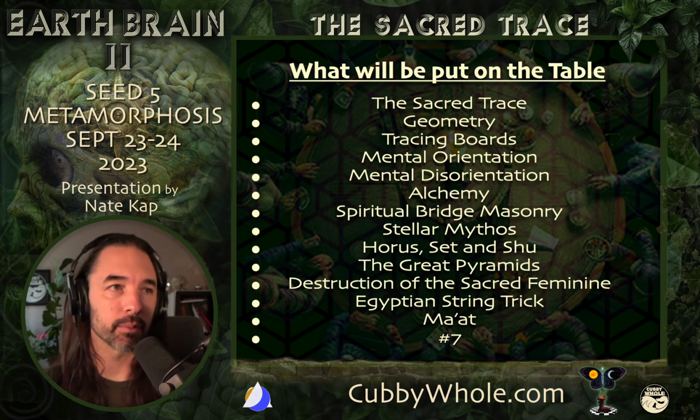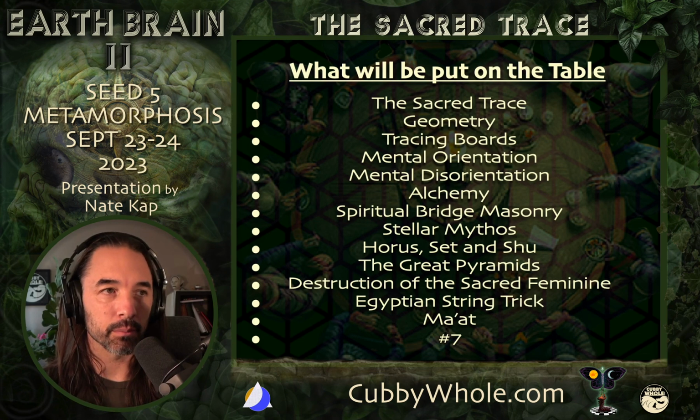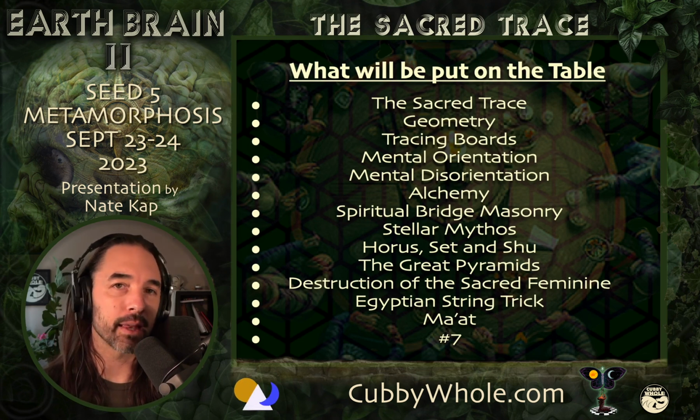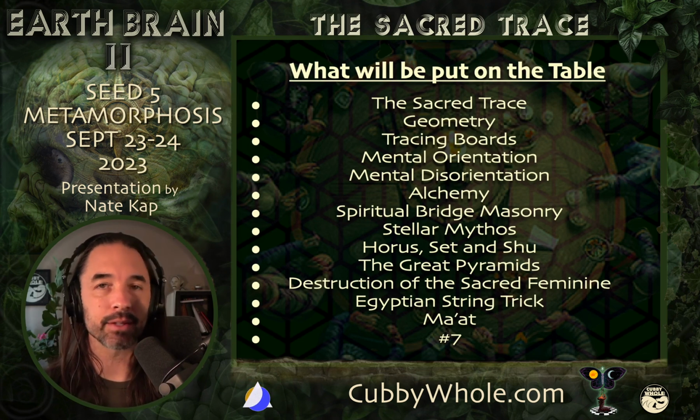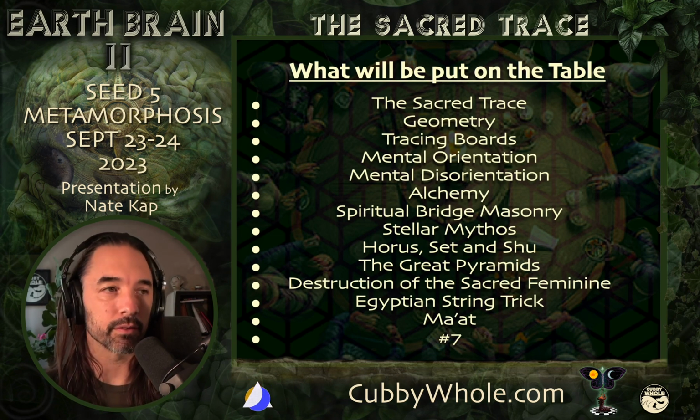I'm also going to be talking about the tracing boards, especially one particular tracing board that can help us understand mental orientation and mental disorientation a lot better, something that everybody should pay a lot more attention to. And I'm also going to talk about alchemy, basically through the whole presentation as well.